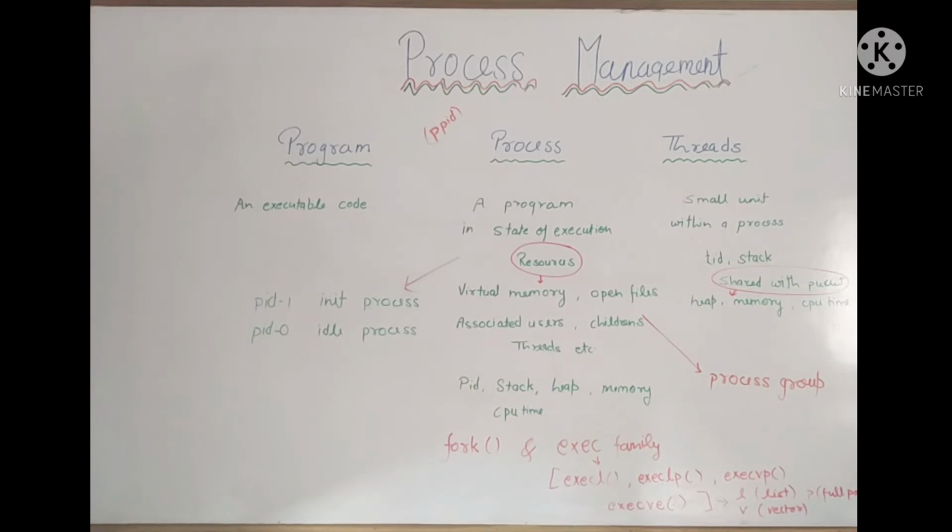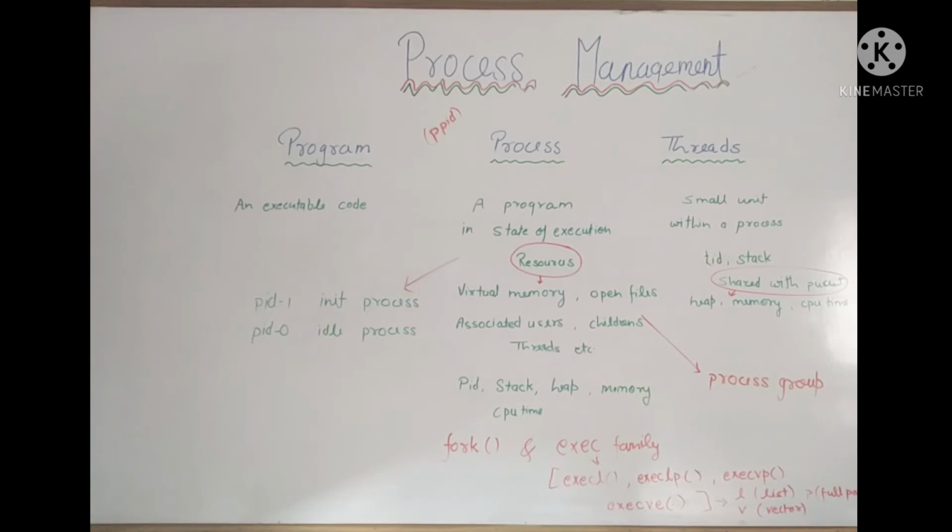Now, as we understood fork and the exec family of system calls, let's understand the process relationship in an operating system. The first process is the root process.